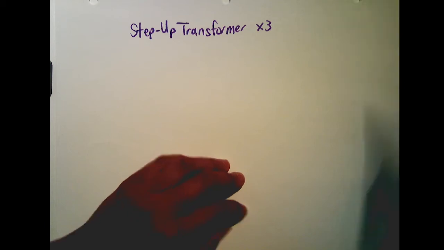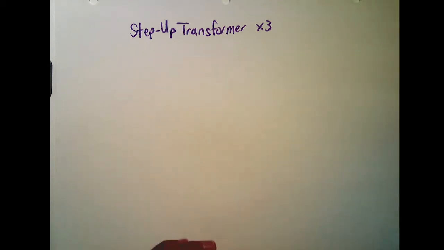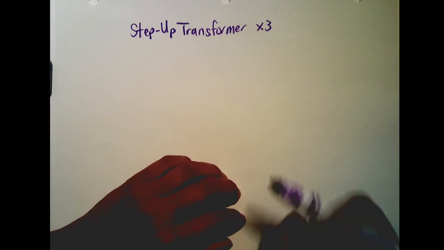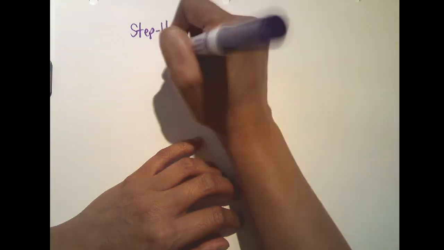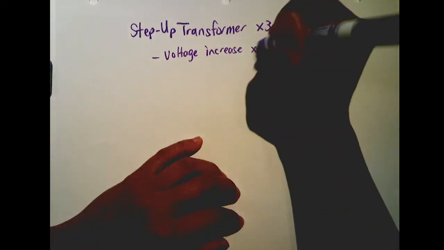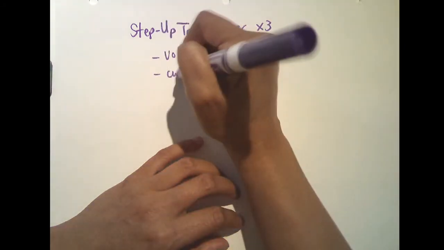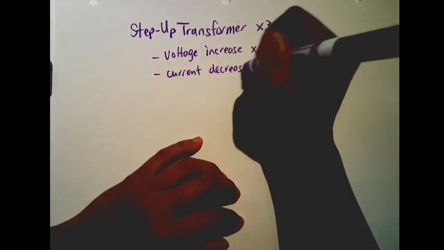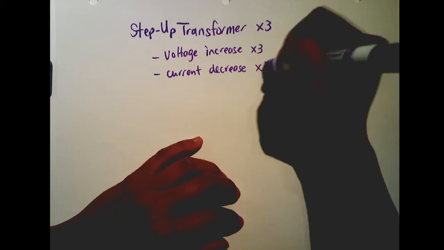So what does a step up transformer mean? That means you're going to change the voltage higher by 3 times. But that also means that the current is going to be reduced by 3 times. So for a step up transformer, generally the voltage increases 3 times, but the current decreases 3 times.